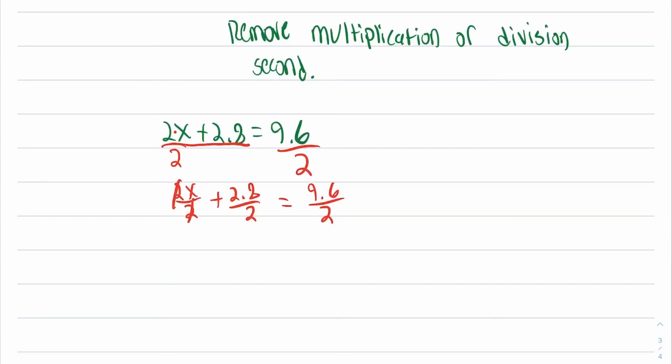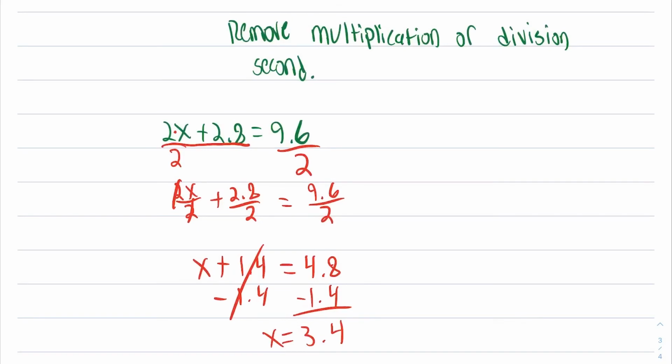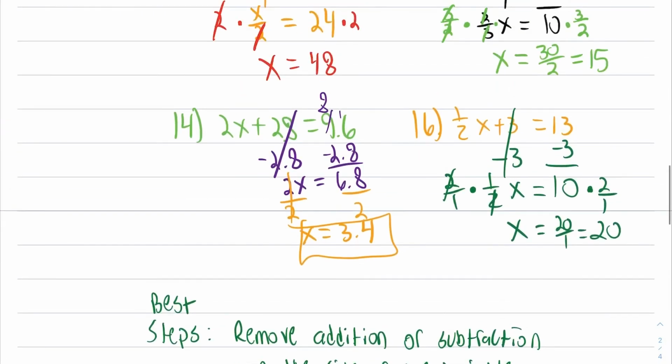Then you can reduce, and then you can subtract. X equals 3.4. And that is the answer we got the other time too.